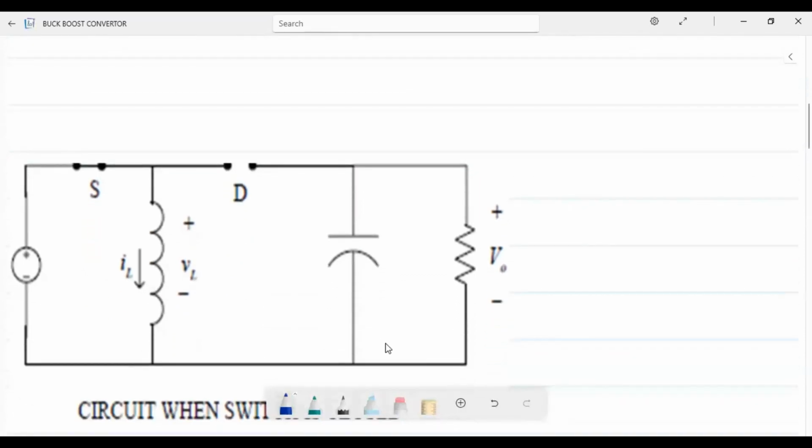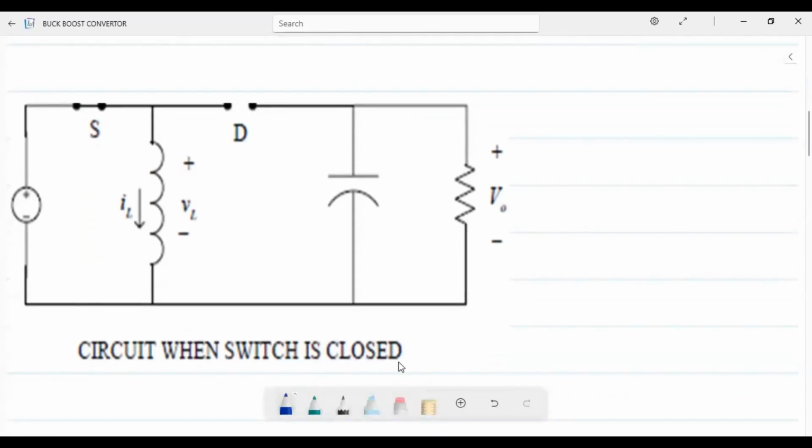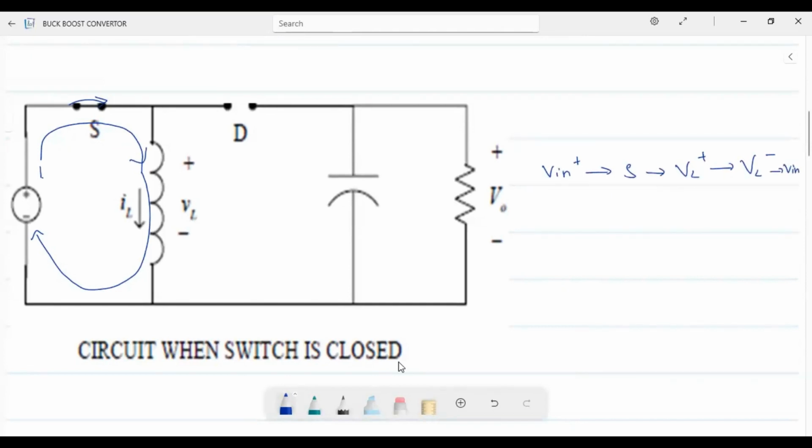We will see what will happen when the switch is in the closed position. So when you're closing the switch, this is the input supply. The current will be flowing in this path, that is from V input positive towards switch towards inductor positive towards inductor negative to V input minus.